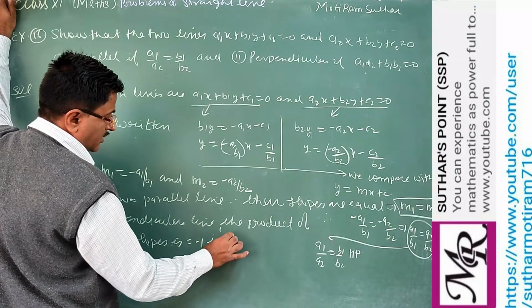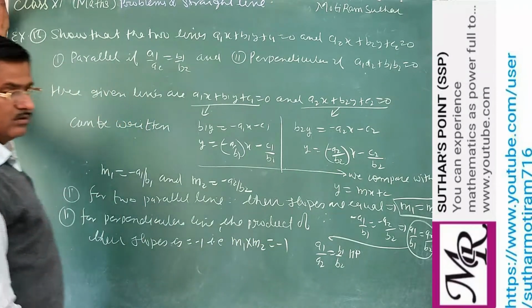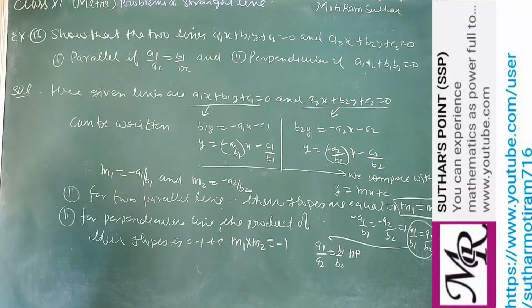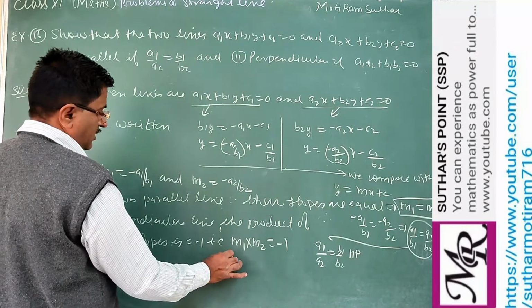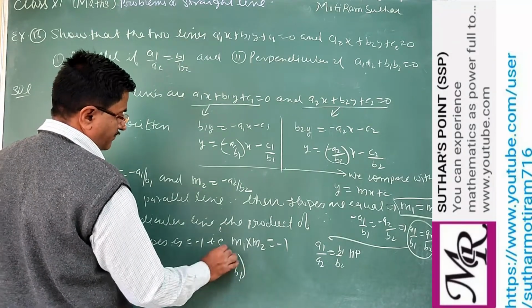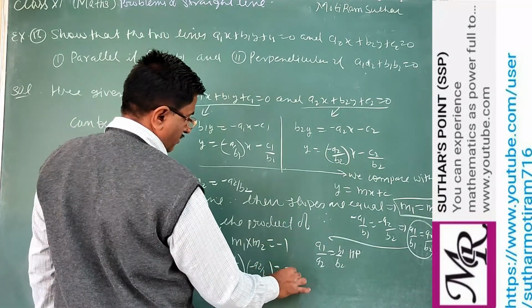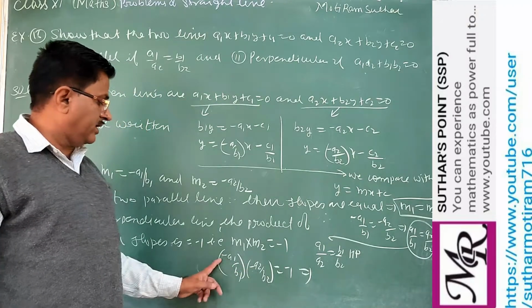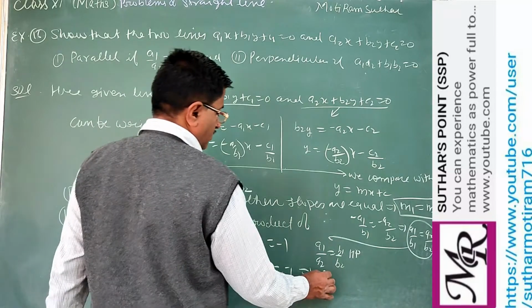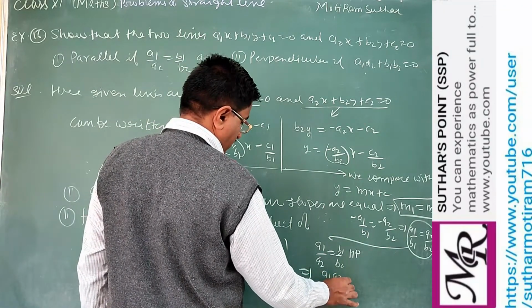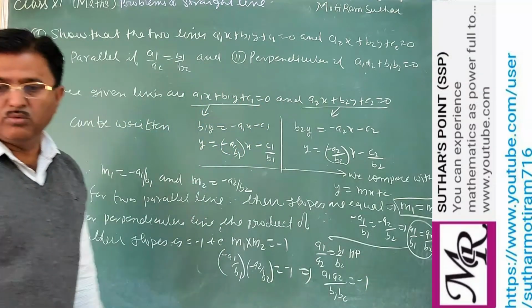That is, m1 times m2 should be equal to -1. Correct? Now m1 is this, m2 is this. Put the values: (-a1/b1) times (-a2/b2). The two minus signs cancel, and you get a1a2/(b1b2) = -1.